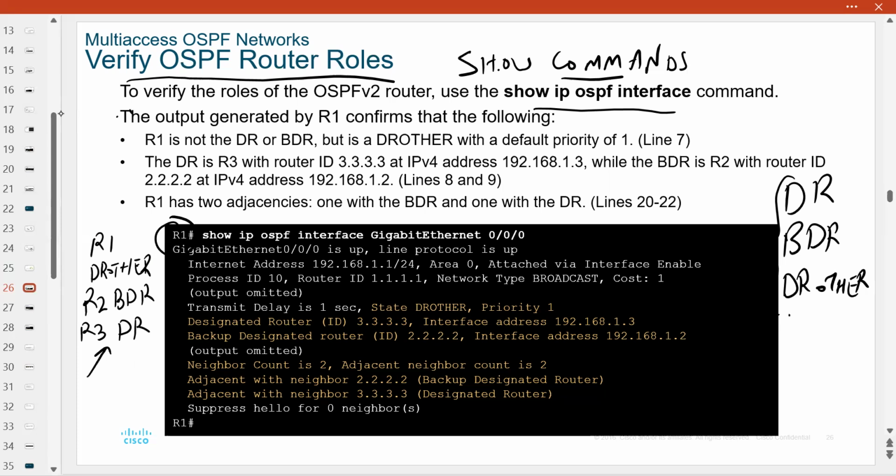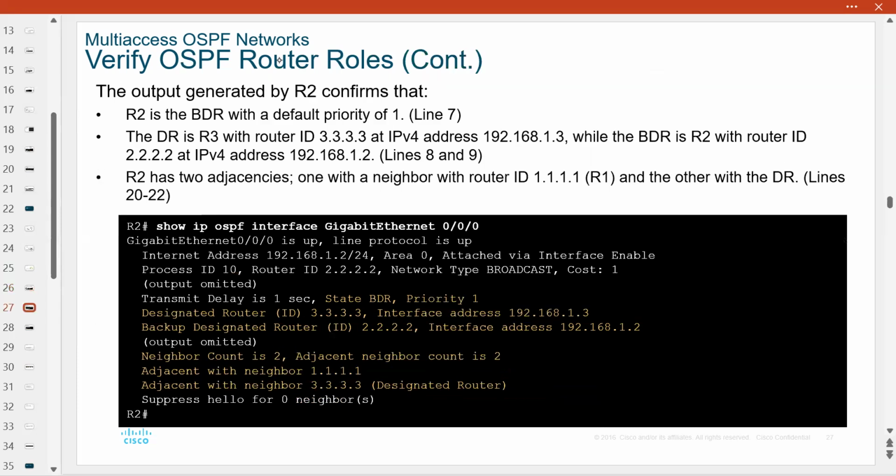We can see the BDR ID, which is 222 for router number 2. So all that information, you can see it from the show commands. If we go to router number 2, router number 2 is the BDR. So its state is BDR. And you can see the router ID of the designated router, 333.